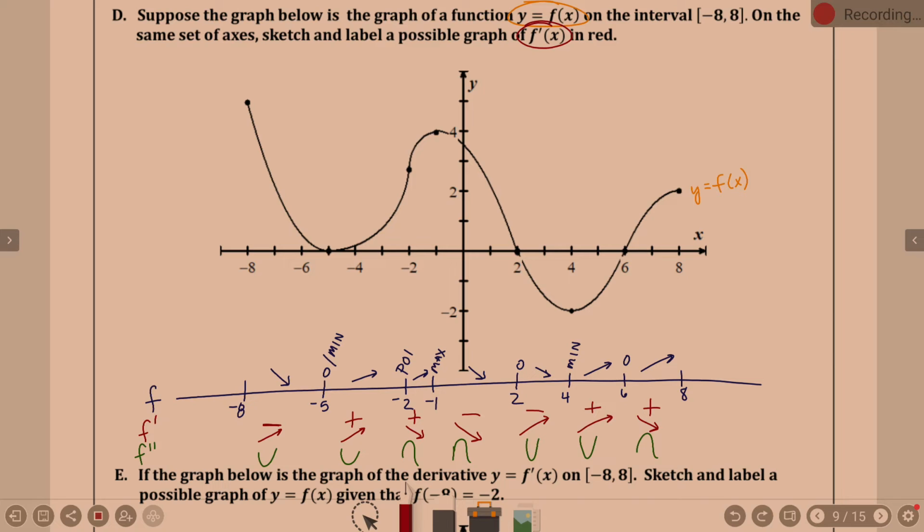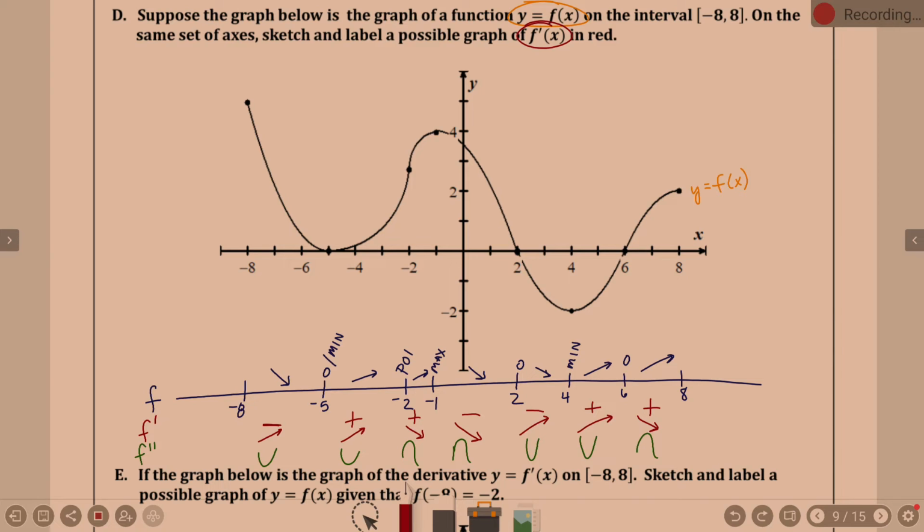Now, it does not give me a starting point, does it? Why do they have two separate arrows, my blue arrows versus my red arrows?